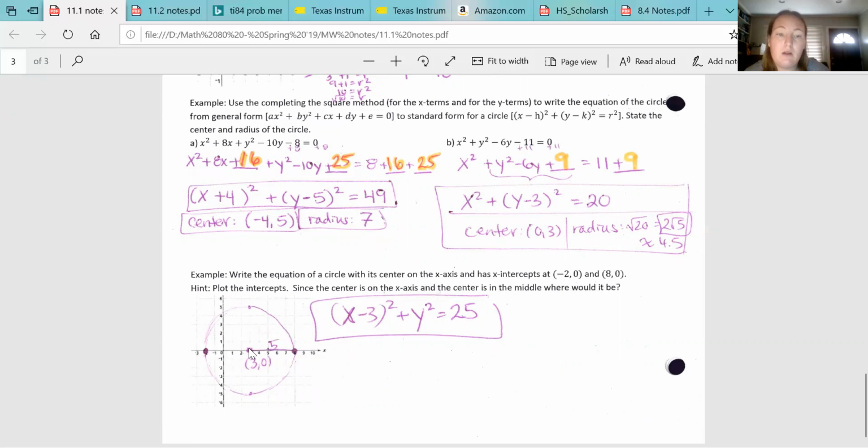And so right in the middle on the x-axis would be right here at 3, 0. And you can just count because it's not at an angle, you literally are 5 units away, so your radius is 5. So you have x minus 3 squared plus y minus 0 squared, which is y squared, equals your radius 5 squared, so 25.